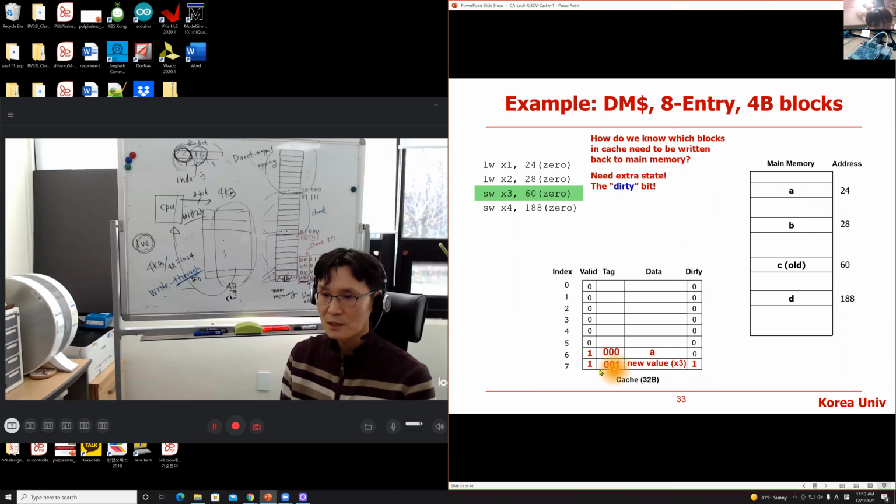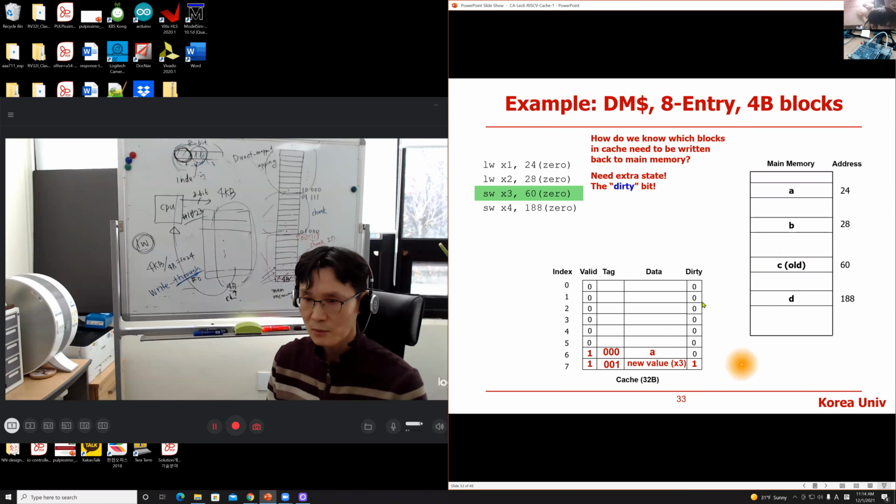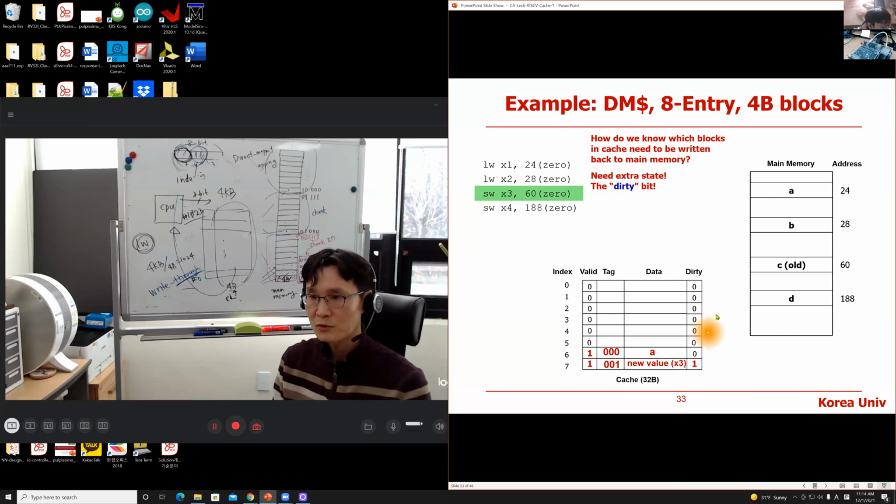Dirty means this cache entry has new information, and that information will eventually be updated to main memory. So by looking at this dirty bit, you can tell that entry should be updated to main memory later on. Does it make sense?